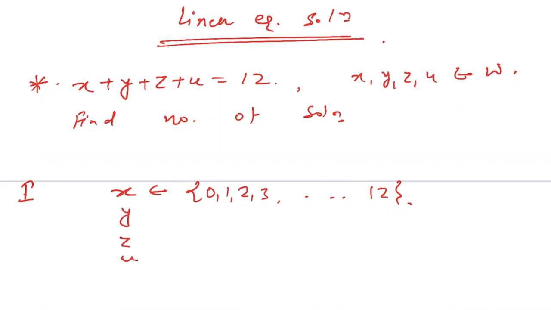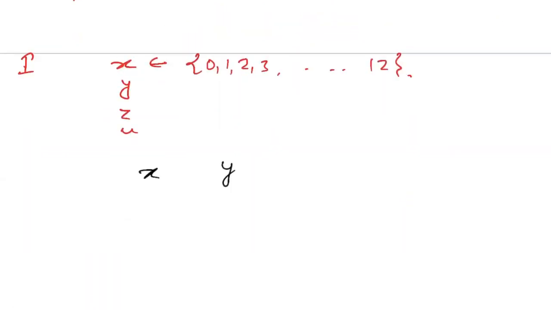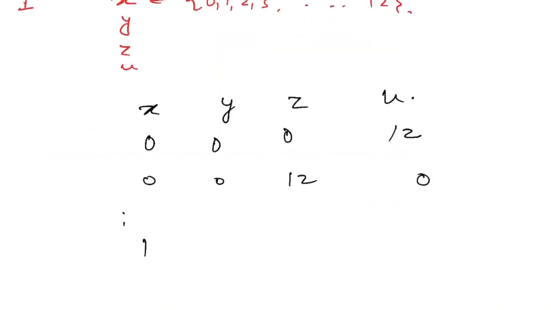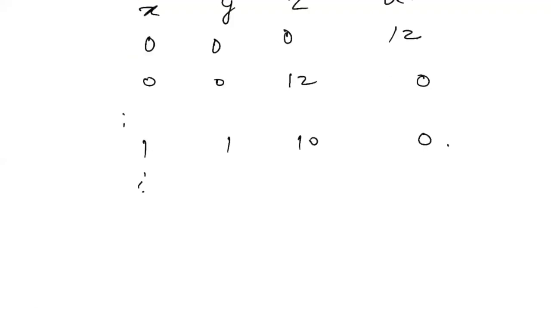The mathematical way is counting these X, Y, Z and U. If you want to count, this will be 0, 0, 0, 12, then 12, 0, 0, 0, and so on, right? Then 1, 1, 10, 0, then it will interchange in that way. So a lot of options will be there. One case will be 3, 3, 3, 3, right? So it's very difficult to count this.